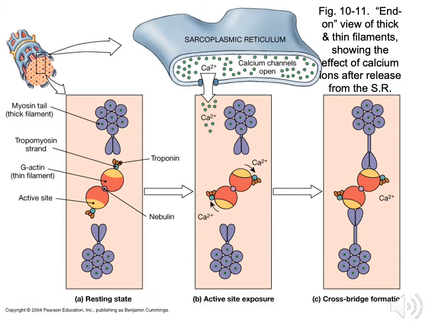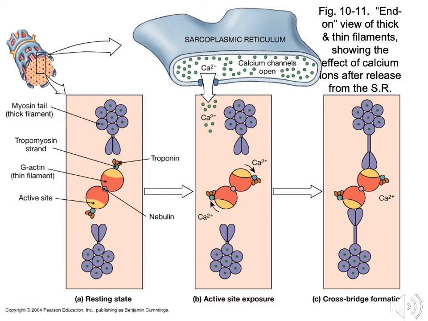Calcium attaches to the troponin. This causes the troponin-tropomyosin to move and reveals the active site upon the actin, and this then leads to diagram C, cross bridge formation. The heads of the myosin attach to the active sites on the actin, and this attachment is what we call the cross bridge.